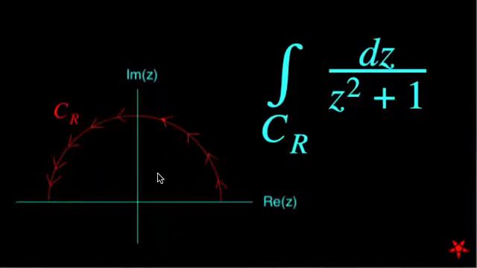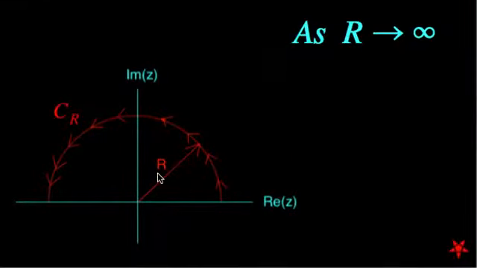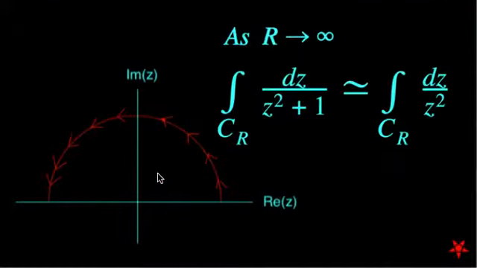So, if we take a closer look at the value of z along c sub r, we see that the value of the integrand tends towards 1 over z squared as r gets bigger.